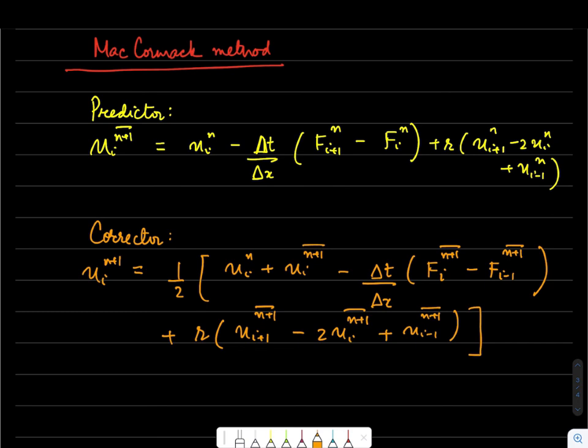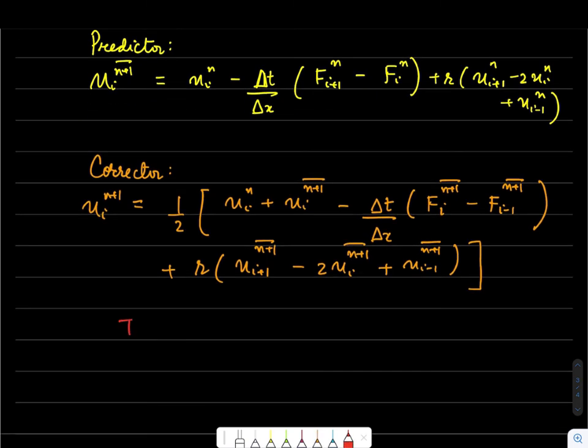I hope this looks similar to the MacCormack scheme that we have covered, and this has a truncation error of order delta t square delta x square.